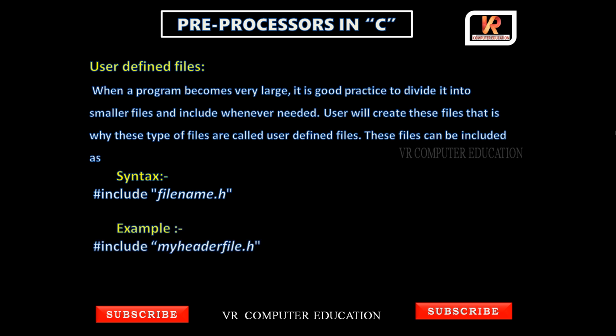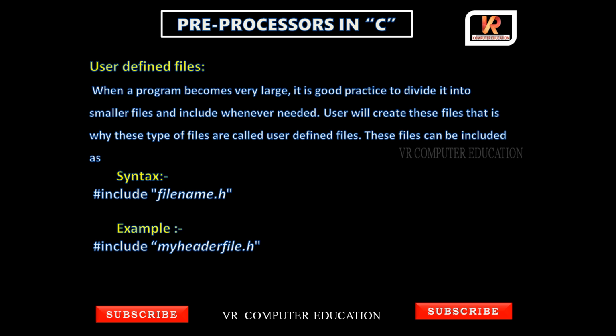We can create our own header file also. Files with the .h extension are called header files. Remember, these are user defined files. And this is about file inclusion in preprocessors in C.